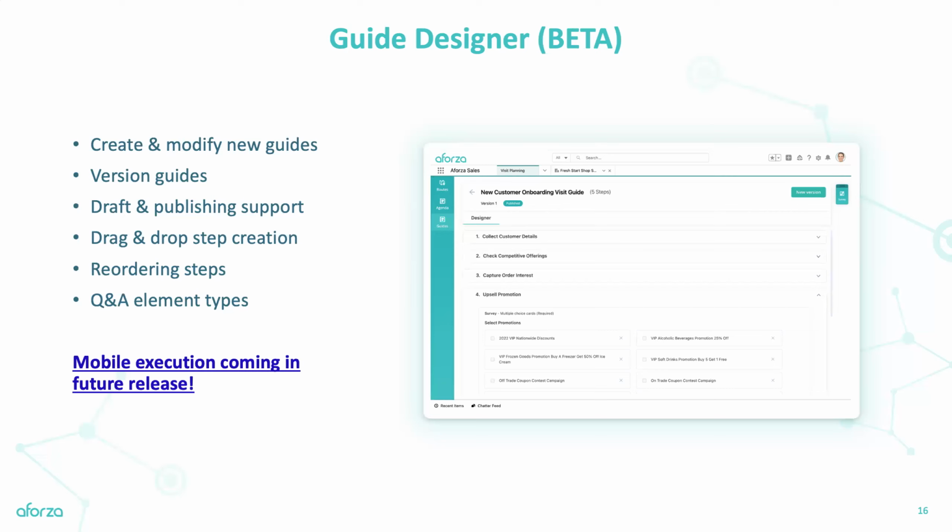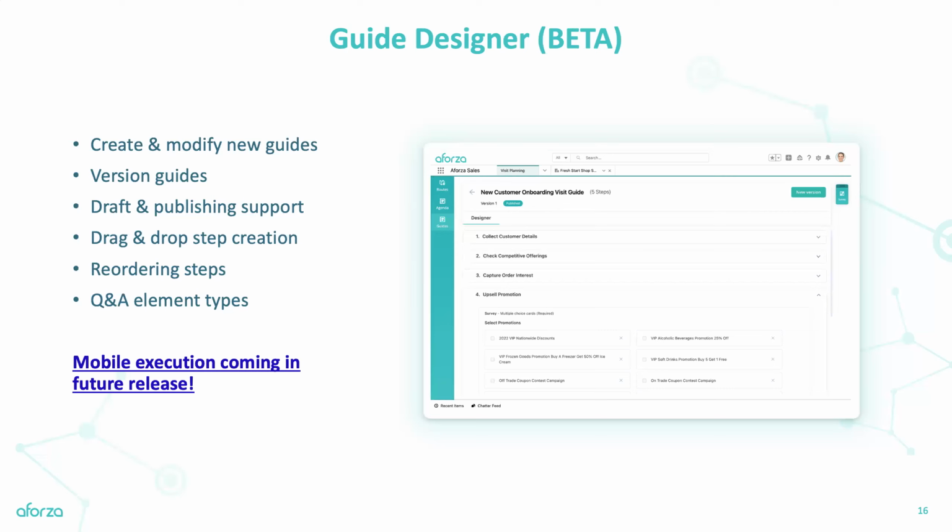We know a lot of customers, when they do visit execution, have a set of tasks. They don't care what order or sequence those tasks are completed in. They don't care whether a task is mandatory or not. They just want their users to go in there, complete the 5 tasks in any order they want and be done with it. But then the other side, we've heard from customers that are very prescriptive.